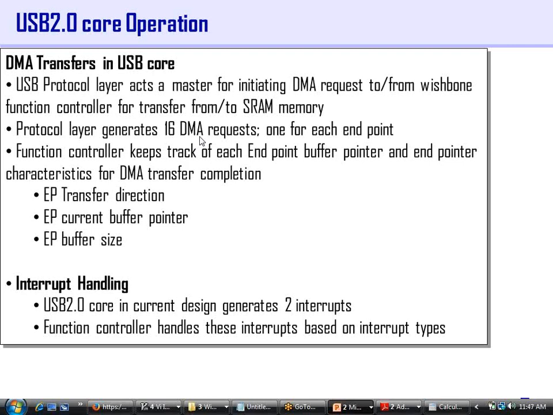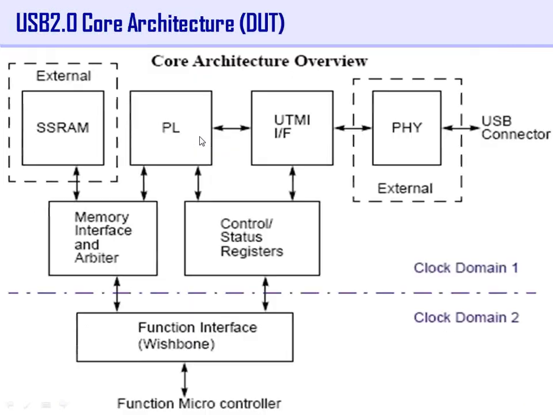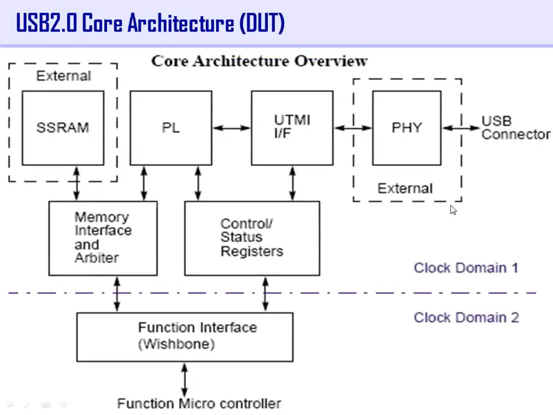Now how are these 16 lines making the transfer efficient, increasing data throughput? Let's say one request came on endpoint number 2 and it initiated a DMA request.